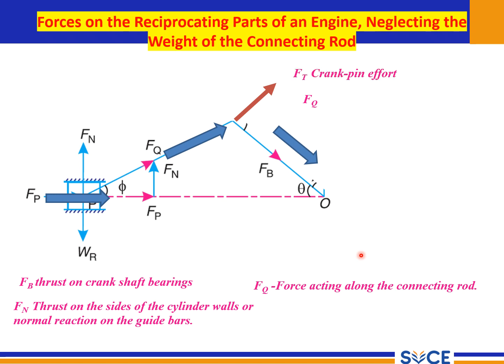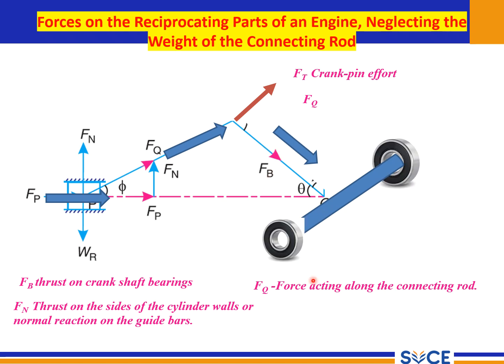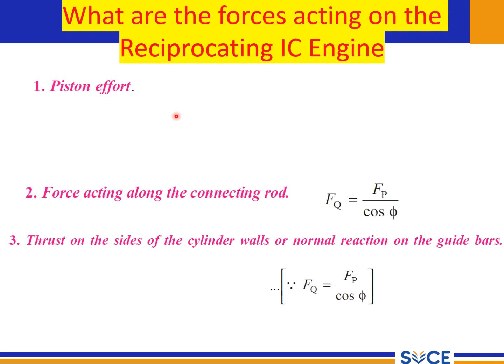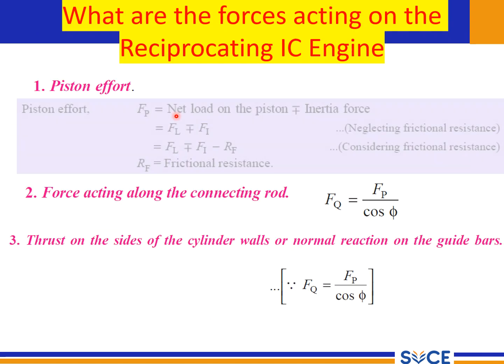Because of FT only we get the torque. This FB is nothing but the force acting on the crankshaft bearings, where the crankshaft is connected at the ends of the bearings. So these are all the formulas we derived.